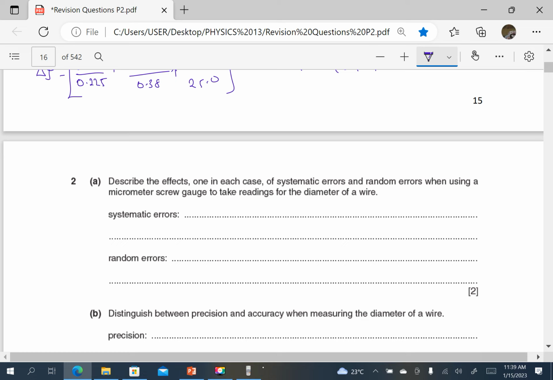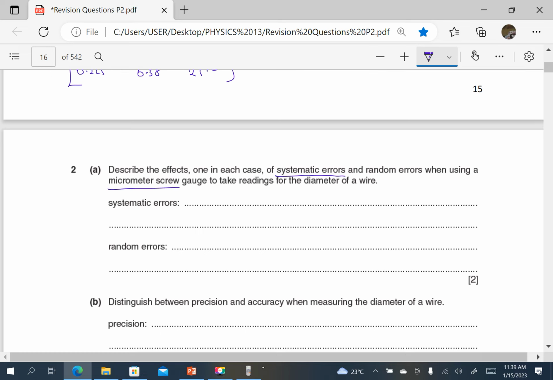Describe the effects, one in each case, of systematic errors and random errors when using a micrometer screw gauge to take readings for the diameter of a wire. If there is a systematic error, what does it do? Remember, we know that a systematic error will make the values either to be above or below the true value by a constant amount. It makes the average deviate either above or below.